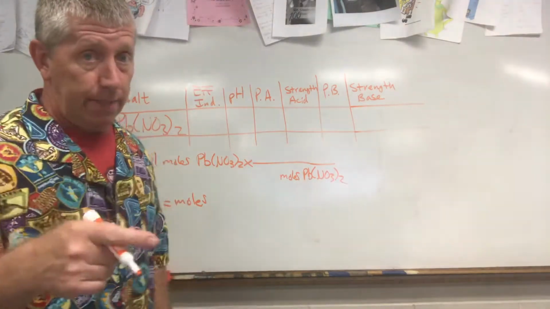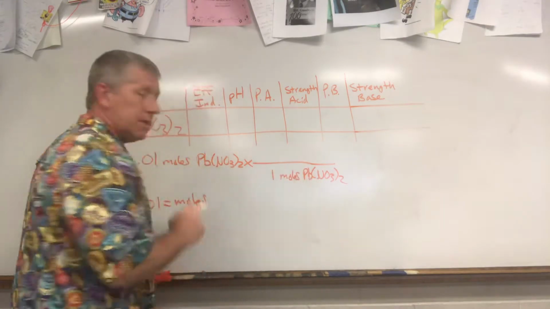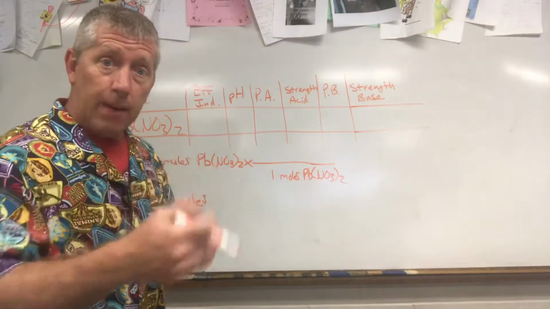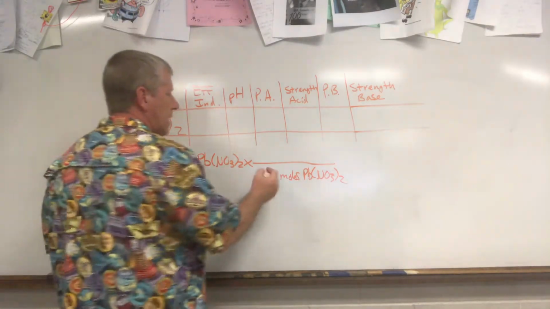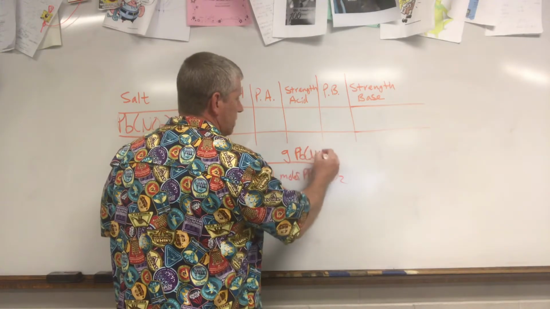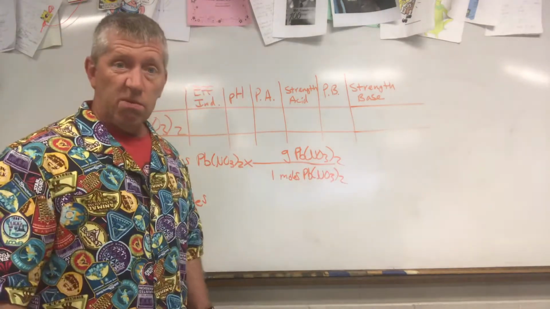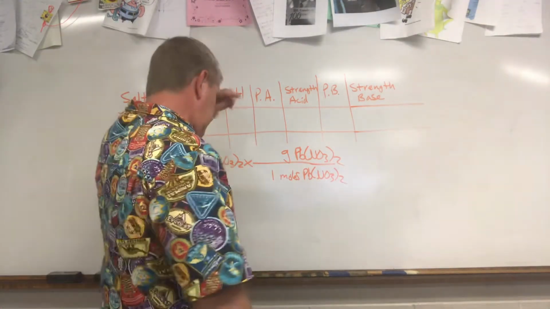You can get grams. So we always put a 1 next to the mole, 1 mole of the lead nitrate, when we're converting to grams. You remember how to do this, right, lab partner? It equals how many grams of lead nitrate. So you have to add all that stuff up.